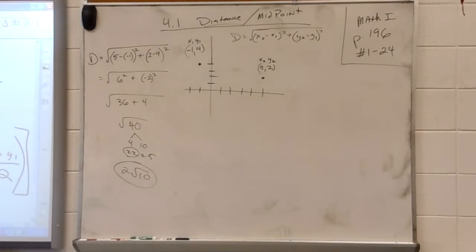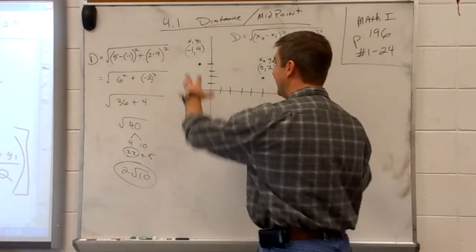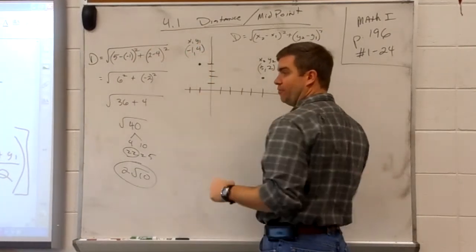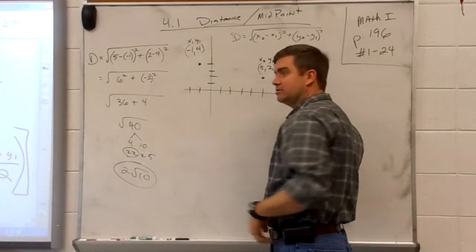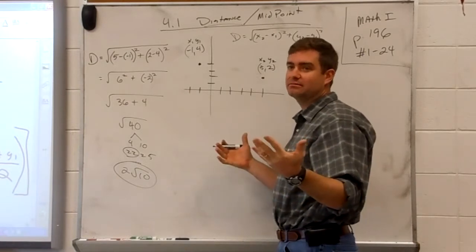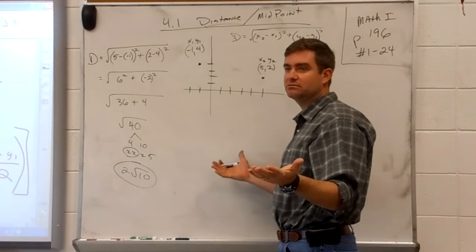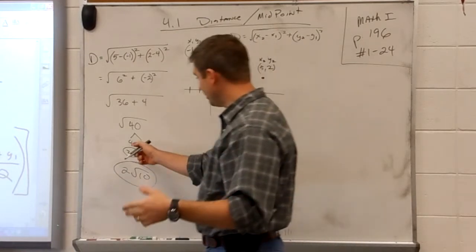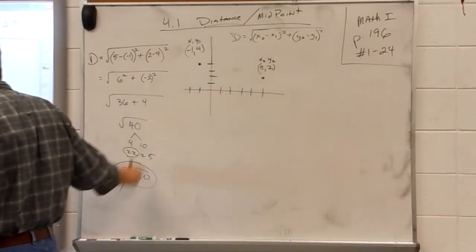All right, anybody not get 2 root 10? Last chance. Any questions on the procedure of how to do it? Labeling your points, plugging them in the formula, working your way down, getting the answer. Could your answer be like 7? Sure you could. If you got the square root of 49 right here, then your answer would be 7.